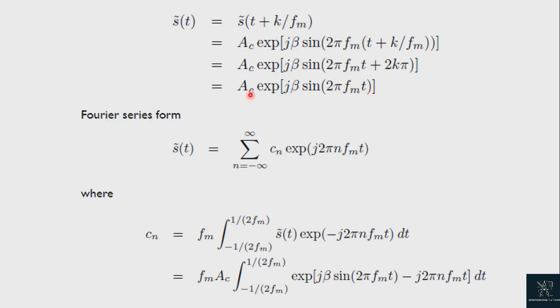So the Fourier series form of s-cap(t) is equal to the summation from n equal minus infinity to infinity of Cn exponential of j2π n fm t, where the Fourier series coefficient Cn is equal to fm times the integration from minus 1/(2fm) to 1/(2fm) of s-cap(t) into exponential of minus j2π n fm t dt, which is equal to fm Ac times the integration from minus 1/(2fm) to 1/(2fm) of exponential of jβ sin 2π fm t minus j2π n fm t dt.